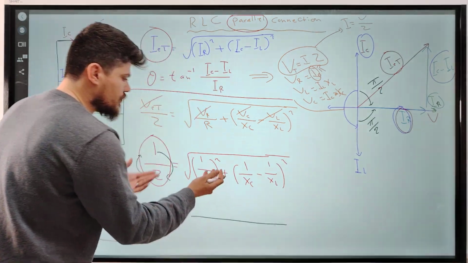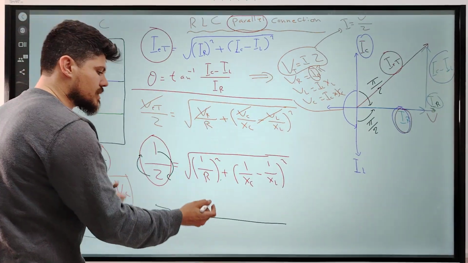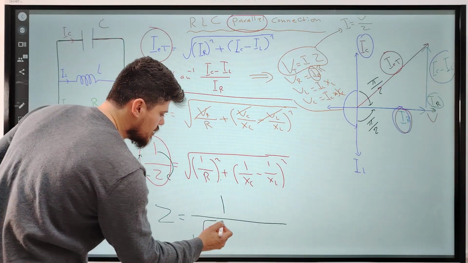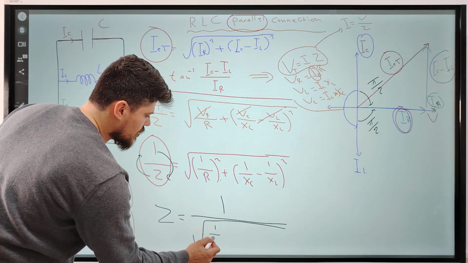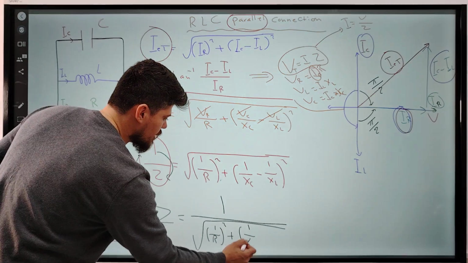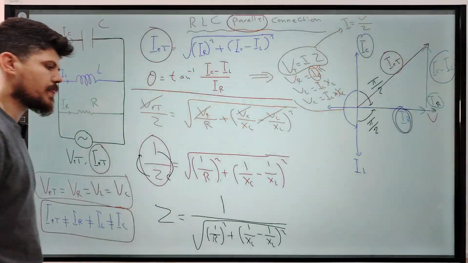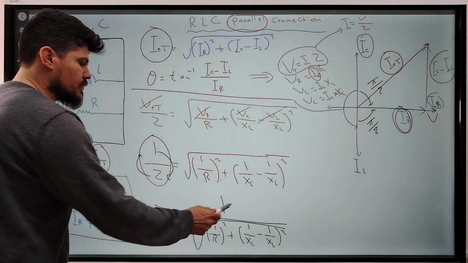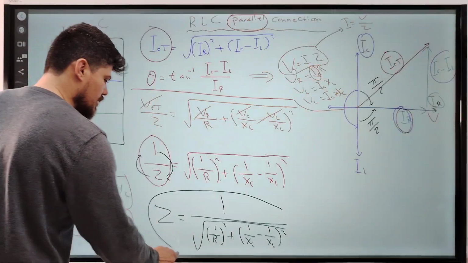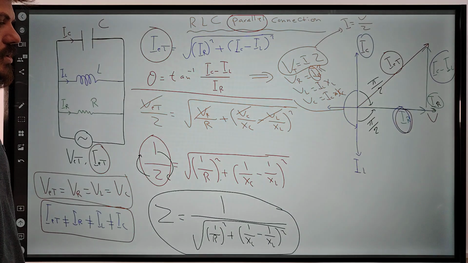If you flip this side, this radical over 1 becomes 1 over this radical: 1 over the radical of 1 over R squared plus 1 over XC minus 1 over XL, squared. Okay, so finally we proved the equation of Z in RLC parallel connection with AC source.